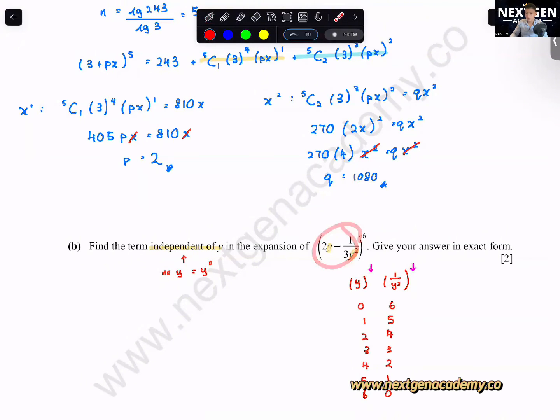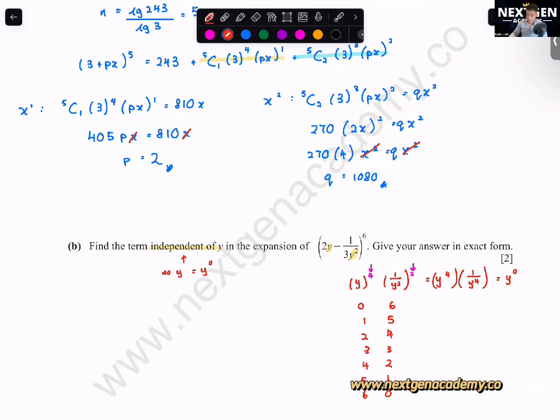We will start from here. Don't look at all the other values. What is the possible combination for the power here and here? Very good, 4 and 2, right? Because here 4, and 2 for 1 over y squared will be 1 over y to the power of 4. So when you expand it, it will be y to the power of 4 multiplied by 1 over y power 4, which gives y to the power of 0. This is what we want to achieve.